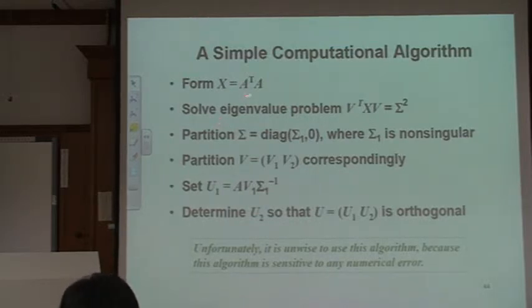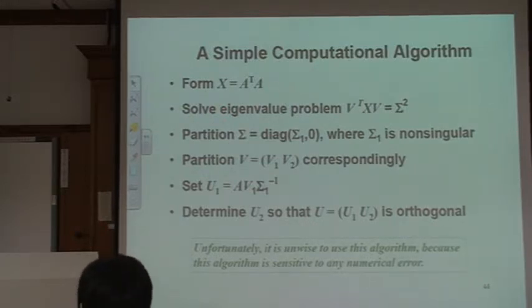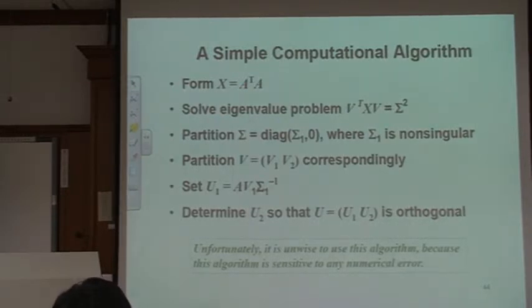Here it shows a simple computational algorithm for finding the singular value decomposition matrices. For example, if you already know A, you can create a matrix X in this form here. Because we already did eigenvalue decomposition in the previous slide, we know this matrix can be decomposed into three matrices.